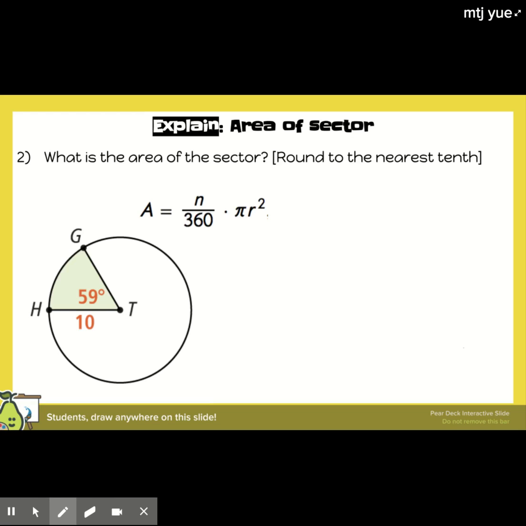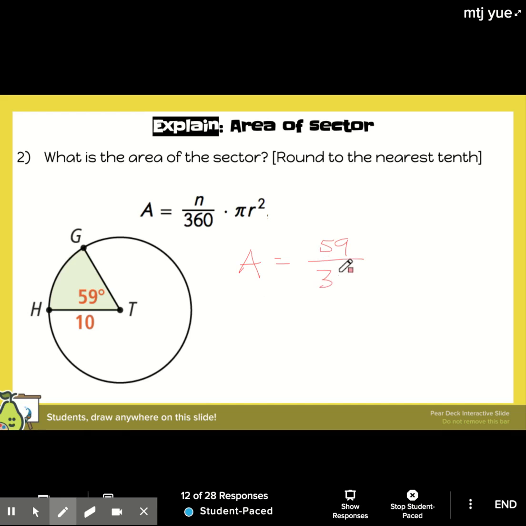Going over another one just to be a little bit more comfortable, a little bit more flexible with it. So we're just going to substitute in again. Our N is 59 in this case over 360 times R squared. R is 10 here. So we're multiplying it by 100 pi. I know that 59 times 100 will give me 5,900 divided by 360 pi. I have 2 zeros, so I can cancel those zeros out.